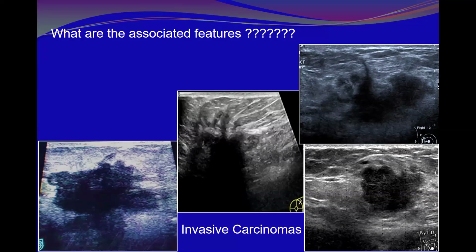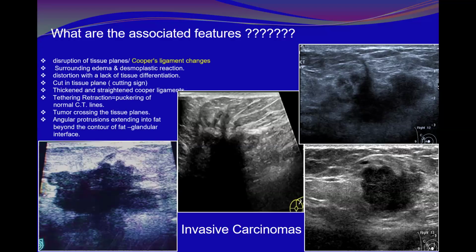The echogenic rind is architectural distortion because it is associated with disruption of the adjacent tissue and lack of normal tissue differentiation. So at the end, it is an architectural distortion. All these types of architectural distortion can be applicable to these 4 cases. And you can even find the cutting. Can you see the cutting of the tissue plane here?